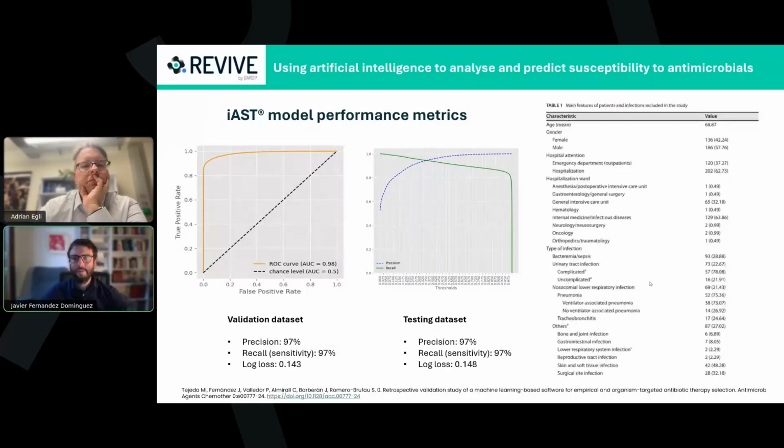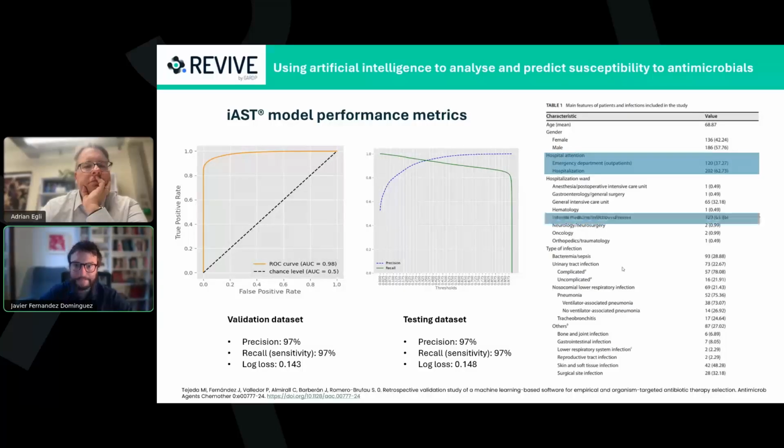Which is here, okay? So 60% of the patients were hospitalized in hospital wards, but we have 37% of patients who were outpatients. The software gives recommendations for patients admitted in hospital, but also for outpatients. Most of the patients admitted in hospitals were in internal medicine or infectious disease wards, and also in intensive care units.